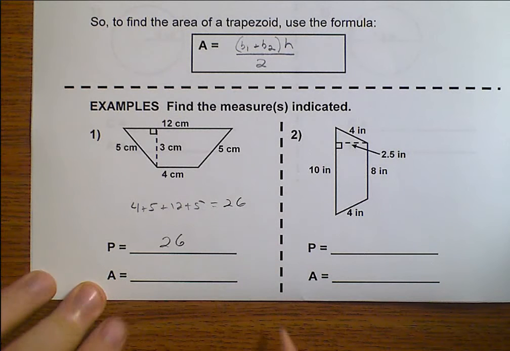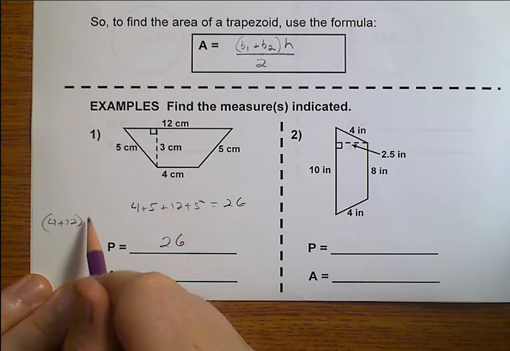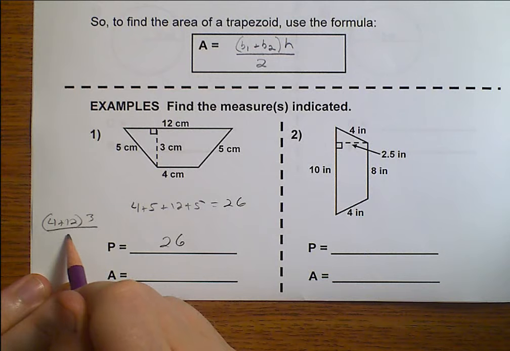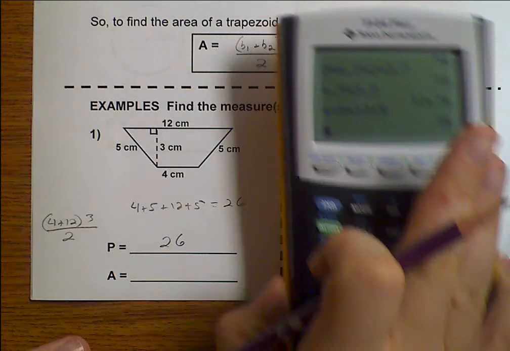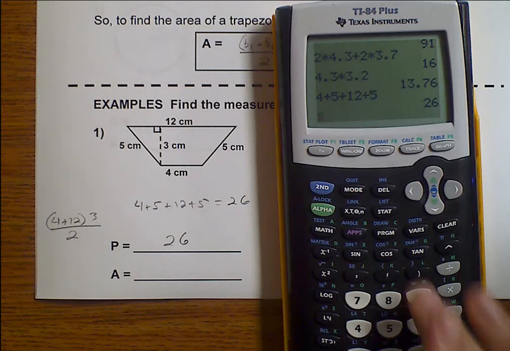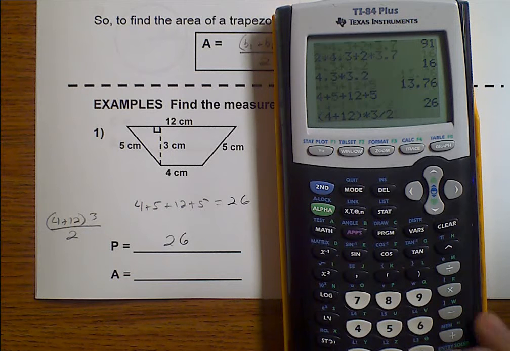Now for our area, we're going to take 4 plus 12, multiply it by 3, and then divide it by 2. So I'm going to put this all into the calculator: open parentheses, 4 plus 12, close it, times 3 divided by 2. And that gives me 24.